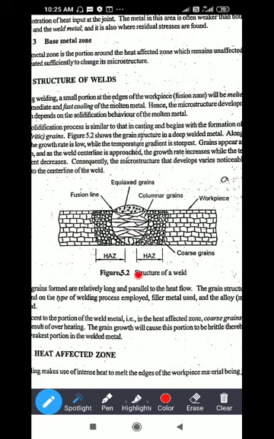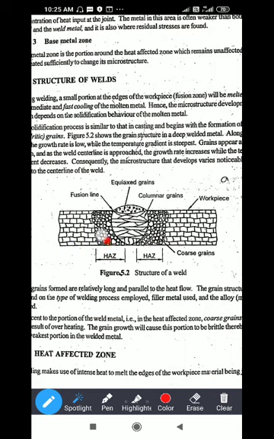Now in this diagram, just clearly observe the shape of the grain structure. So this is the base material, base zone of the workpiece. Now see the size of the grain, and this is the heat affected zone.